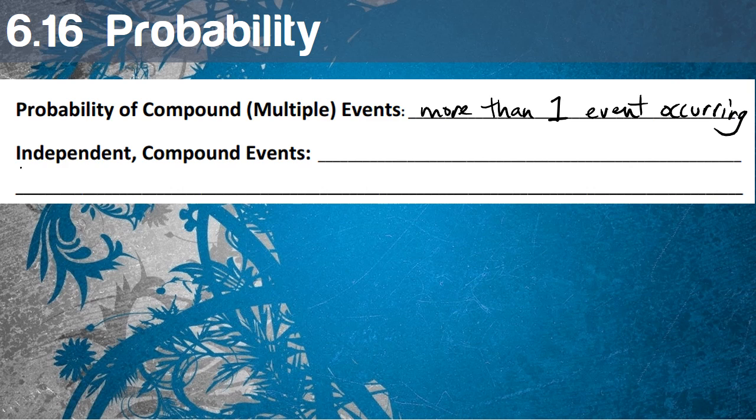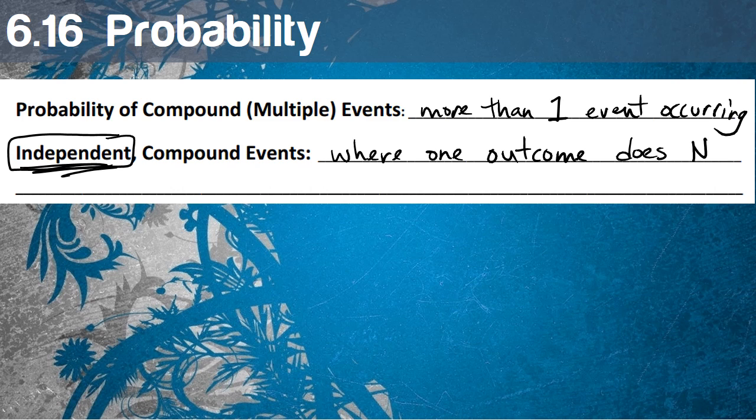When we deal with independent events, this is a key word, highlight that in your notes, circle it, put a smiley face next to it. Independent events are where the outcome of your first game does not affect the outcome of the second game.